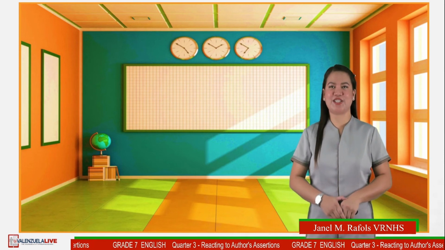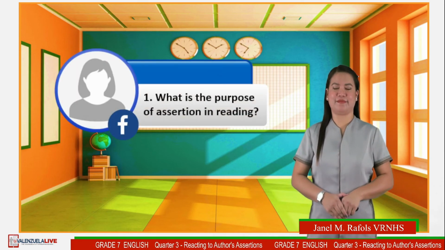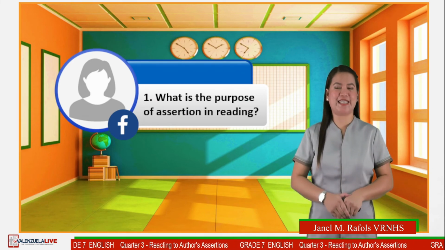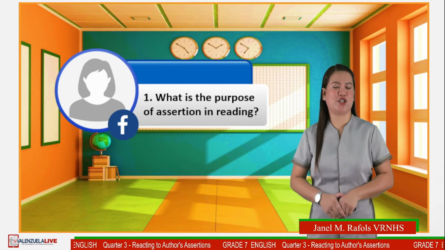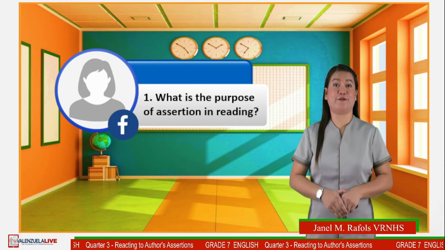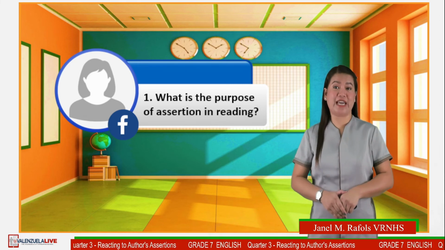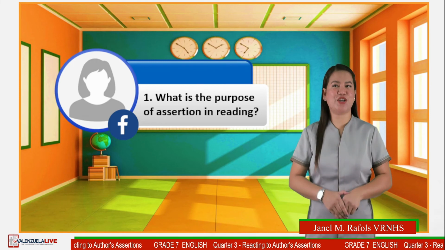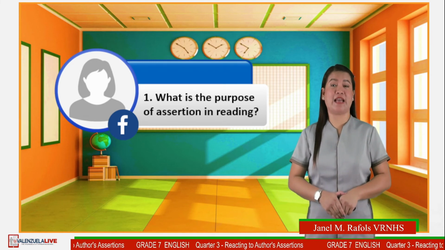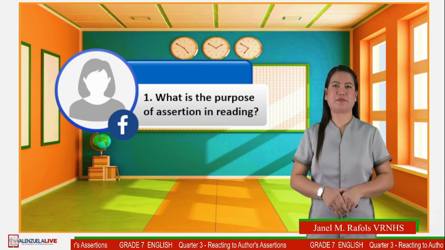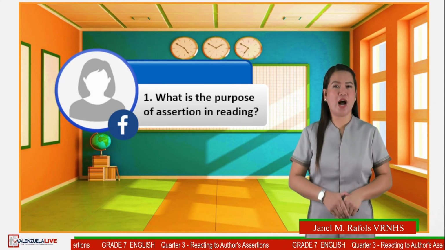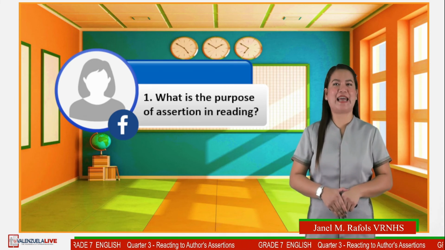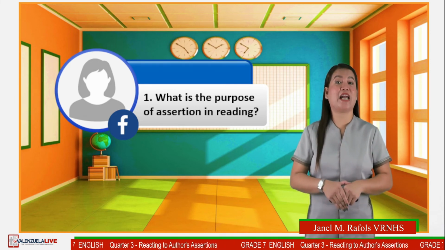So I'll start answering our first question. What is the purpose of assertion in reading? The function of assertion is to let readers feel that they should not disagree or dispute what they read or hear. Rather, they should accept the idea or notion as an indisputable fact. It has proved to be one of the best approaches for writers to express their personal feelings, beliefs, and ideas in a direct way.